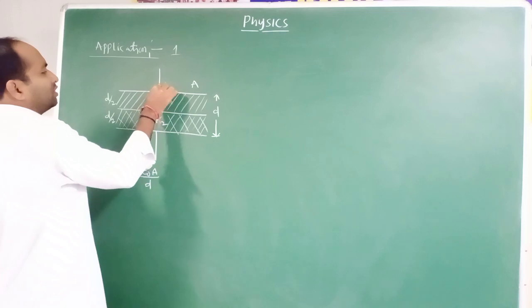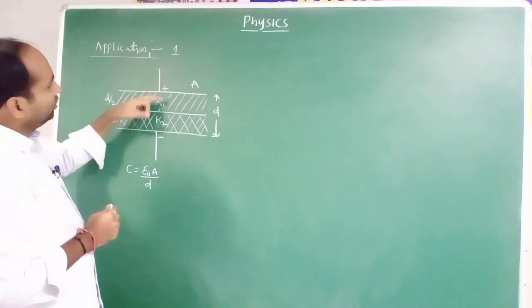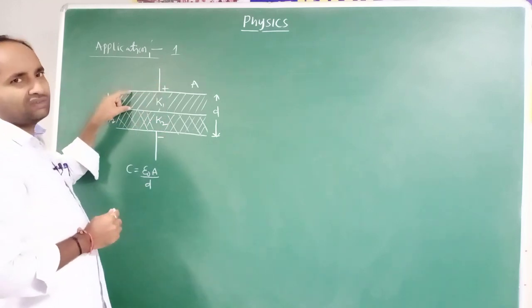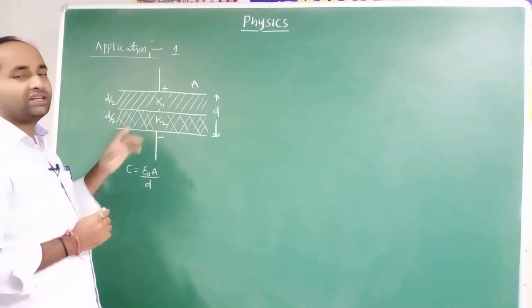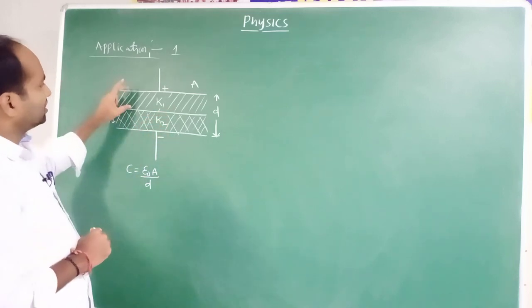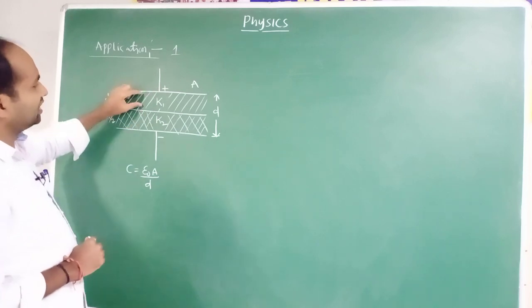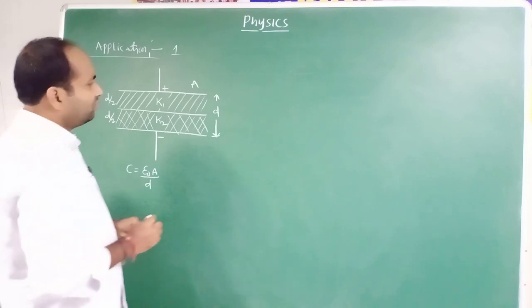Here it is positive, here it is negative. Again here there is a positive and a negative plate. So this is treated as the first capacitor and this is treated as the second capacitor.